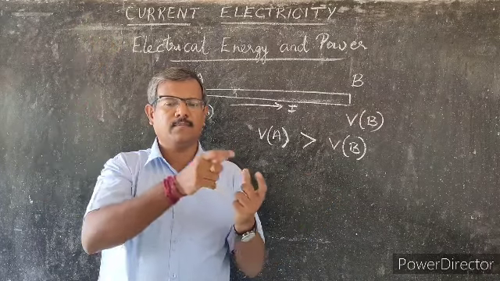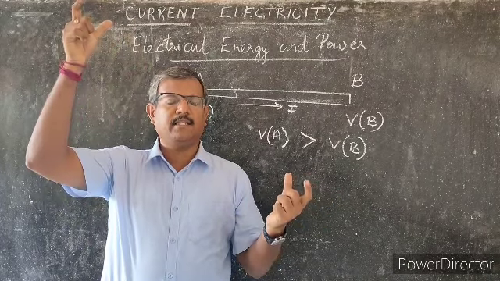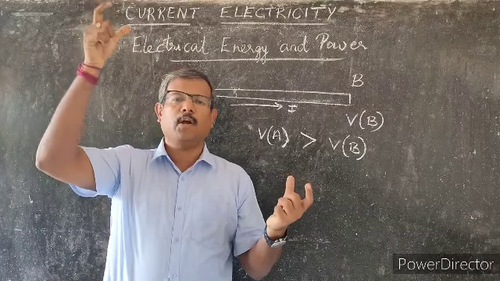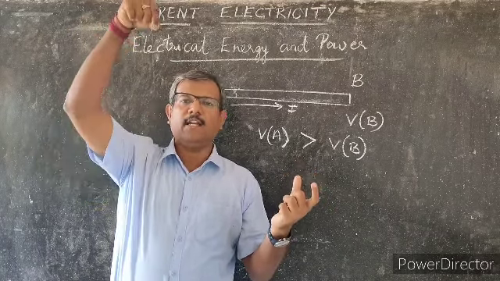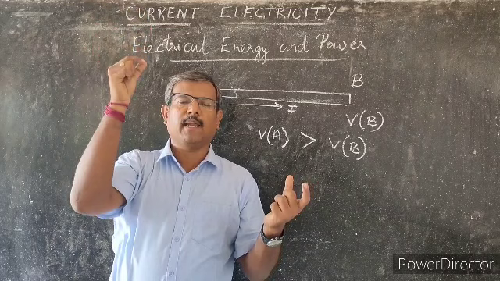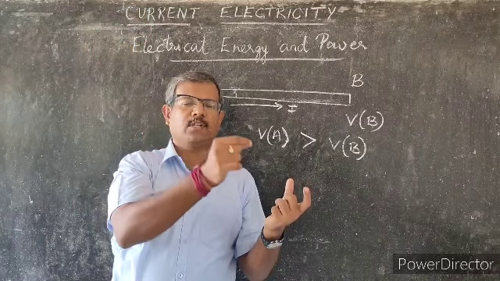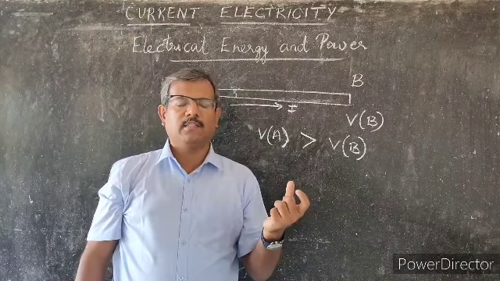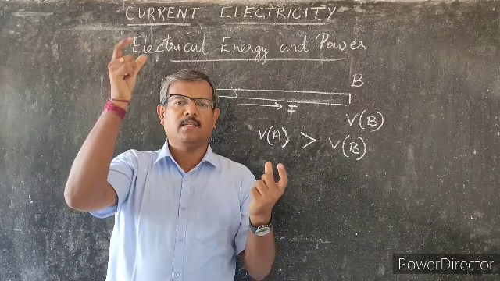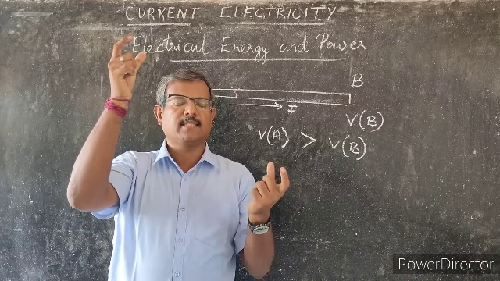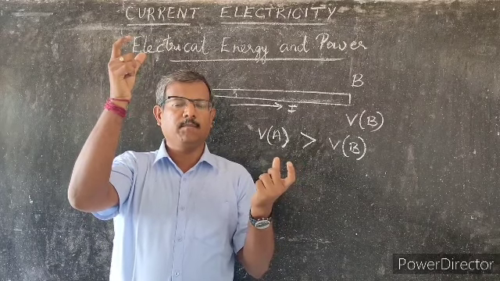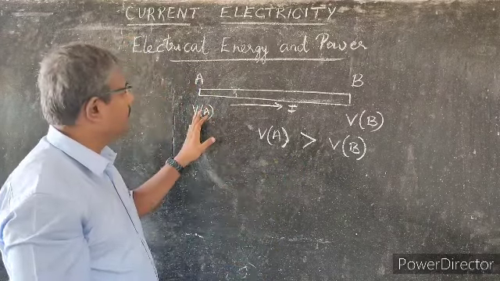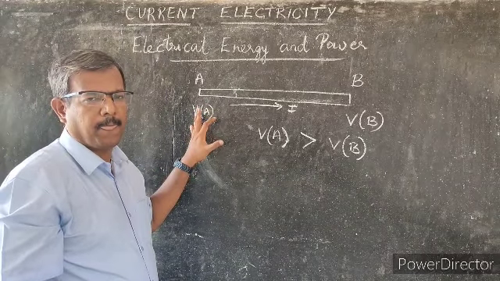If the plank is maintained in this position, point A is higher than point B. If I drop a few drops of water at this end, we would expect the water drops to travel down to B. There is a simple reason: point A is at a higher plane compared to point B. Analogous to that is this conductor.